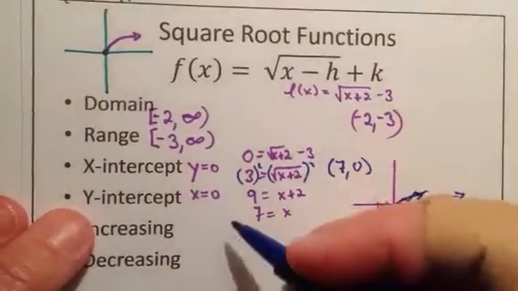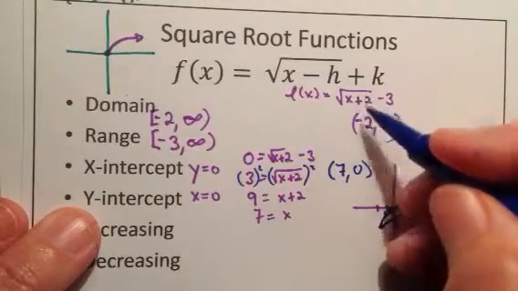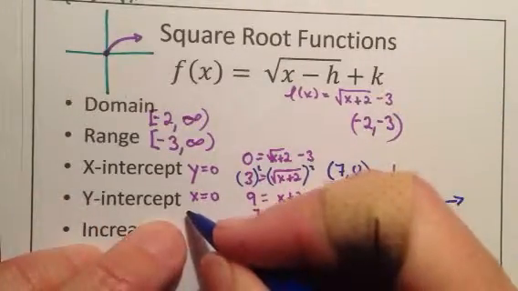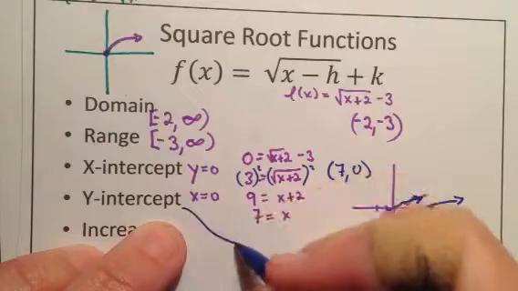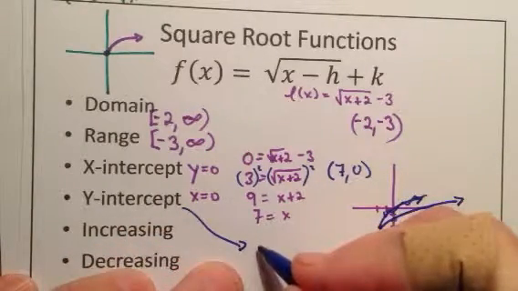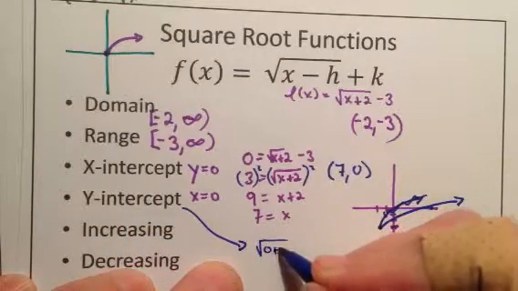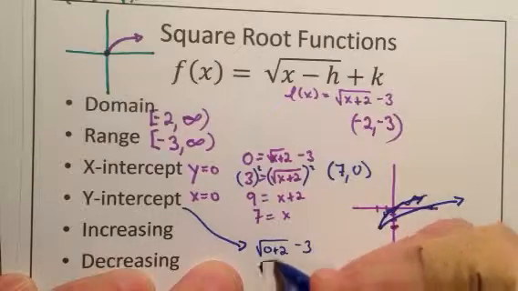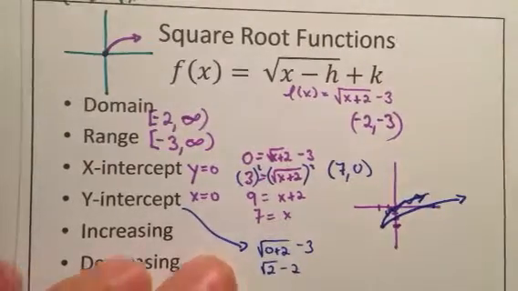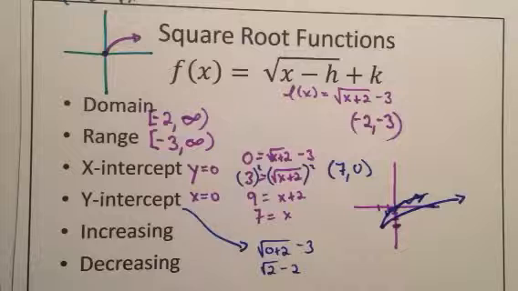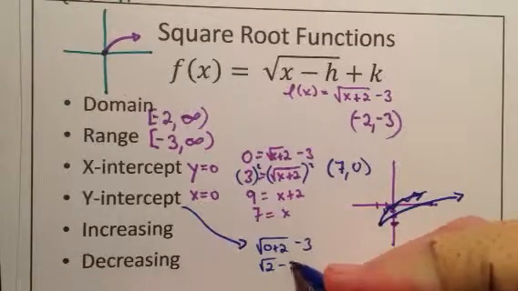And now the y-intercept. If I plug in 0 up here, I'm going to get 0 plus 2 minus 3. So that's the square root of 2 minus 3. I'm just going to plug that in my calculator to get a decimal approximation. So I'm going to get square root of 2, oh sorry, that should be a 3.